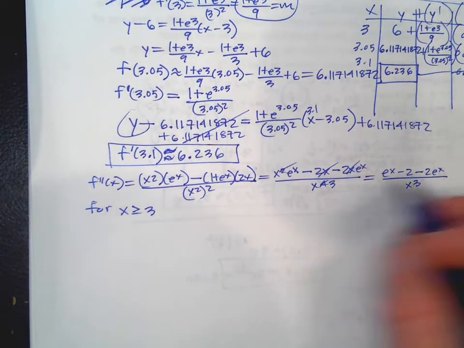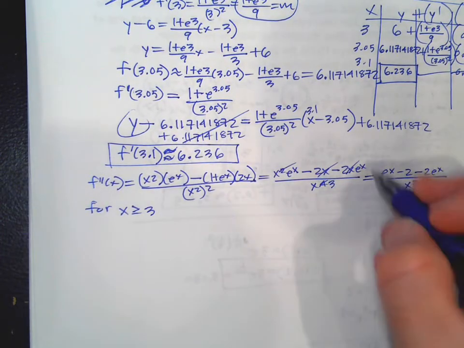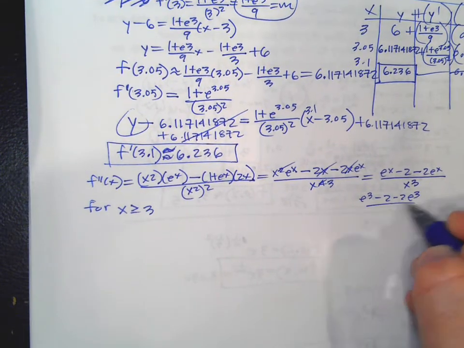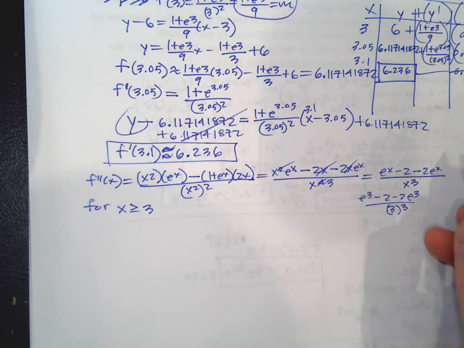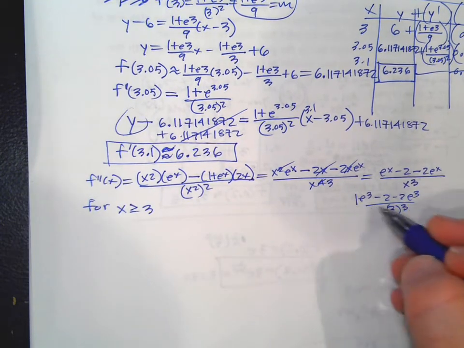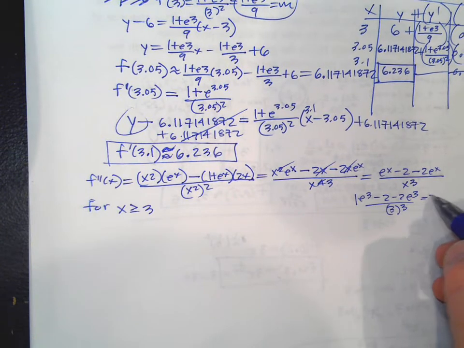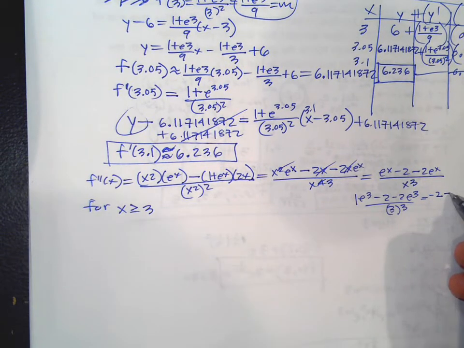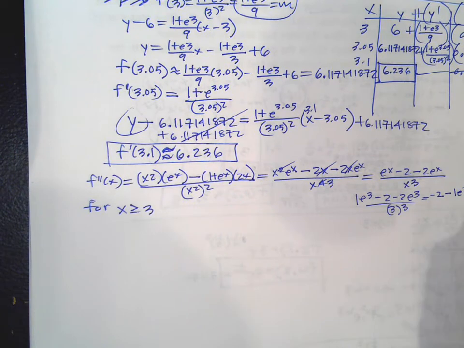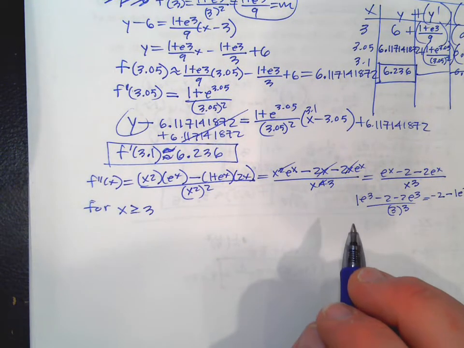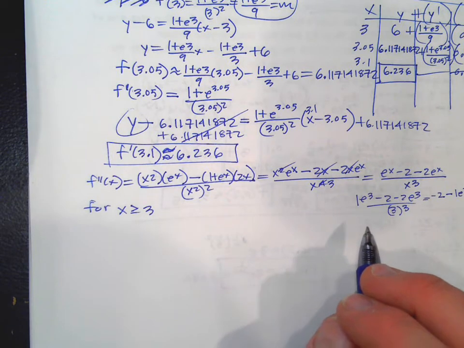If x equals 3, you're going to get 3 e to the third minus 2 e to the third over 3 cubed. And that's 1 e to the third times 3 minus 2, which seems negative.